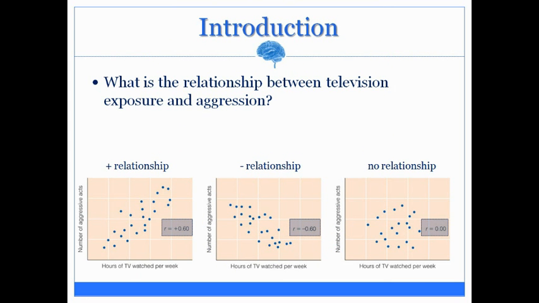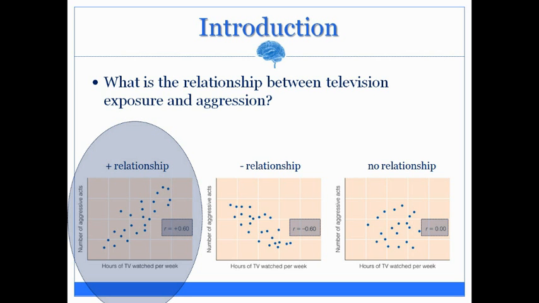So let's revisit this correlation between television exposure and aggression. Well, we said that this could either be a positive relationship, a negative relationship, or no relationship at all. So what is it in reality? Well, some researchers have agreed that there is a positive correlation. Some of the researchers have found quite a large positive correlation between the amount of TV an individual watches and the aggressive acts that they commit.